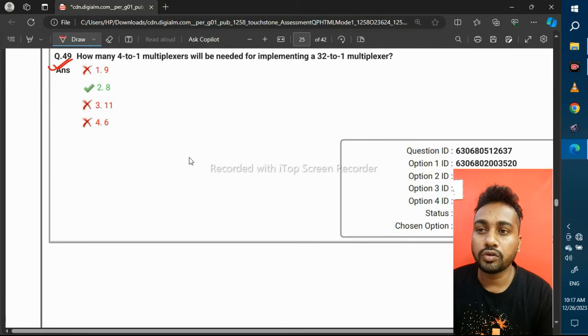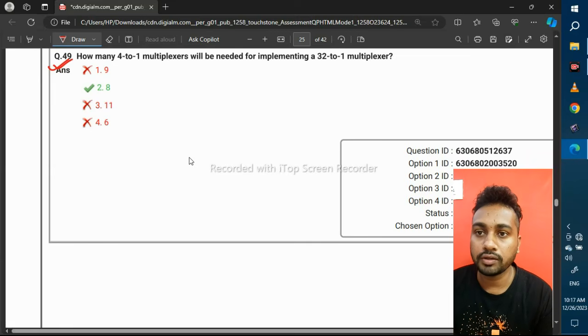How many 4 to 1 multiplexers will be needed for implementing a 32 to 1 multiplexer? If you saw my class 1, the first question, you will find how to solve this question. I covered that there only.